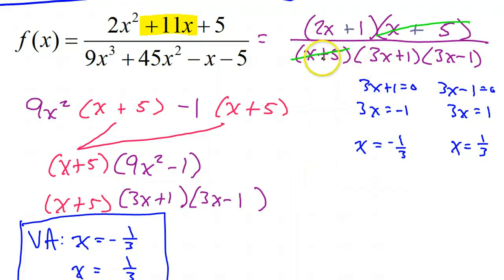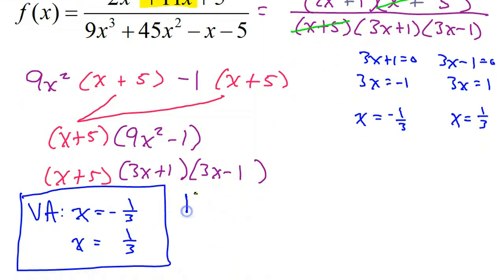Now, this x equals -5 is not going to be an asymptote because it canceled out, but it will be a hole. There will be a hole at, and I've got the x value so far. If I take this x plus 5 and set that equal to 0, obviously that's going to give me x equals -5.